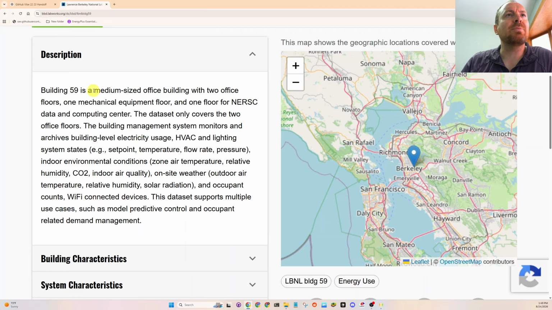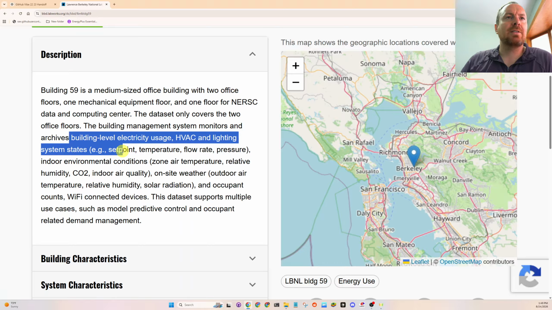Building 59 is a medium office with two office floors, one mechanical equipment floor, and another floor for data and computing. The data set only covers the two office floors. The building management system monitors and archives high electrical usage, HVAC and lighting, indoor conditions, on-site weather.